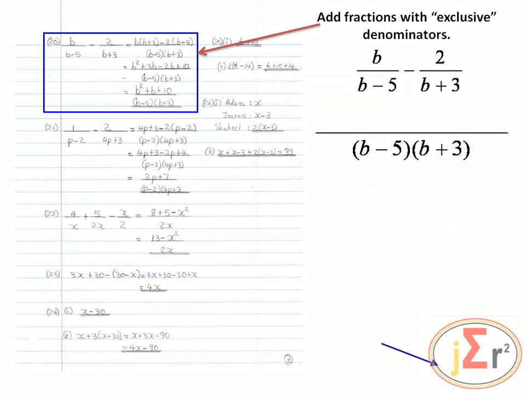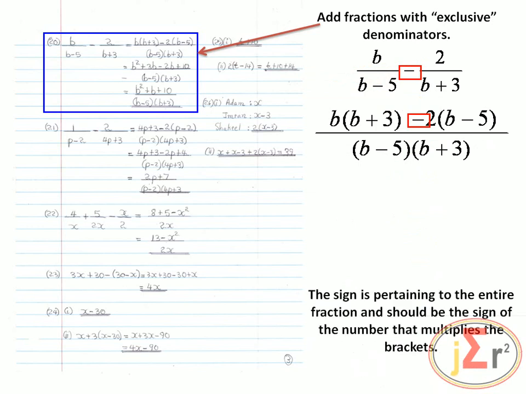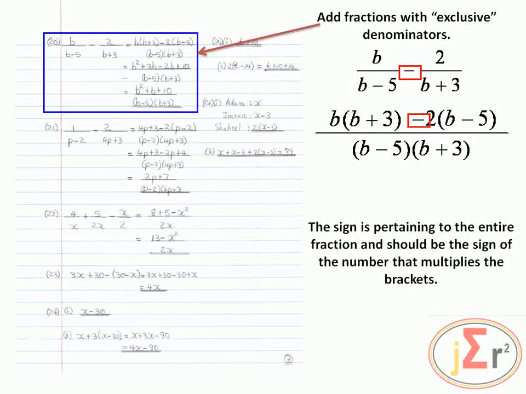And first numerator by second denominator, and second numerator by first denominator. And we will continue. We are taking note on every single occasion. It does not hurt because we are doing tutorials. The sign is pertaining to the entire fraction and should be the sign of a number that multiplies the brackets. And let's go.